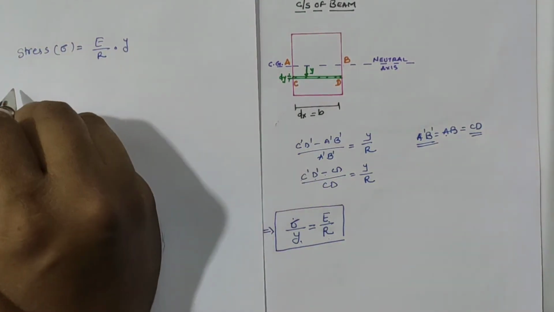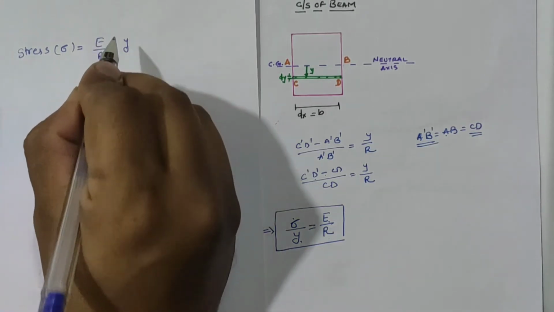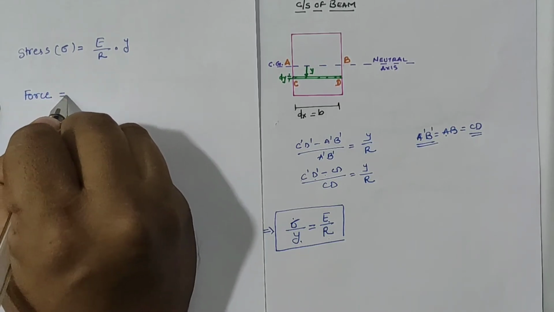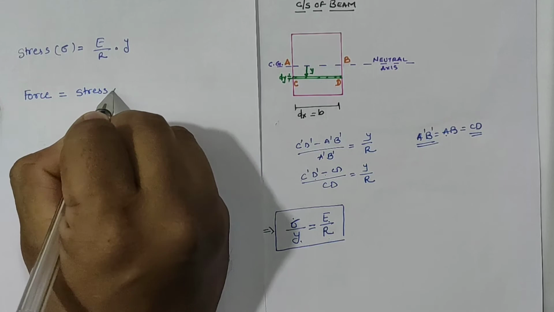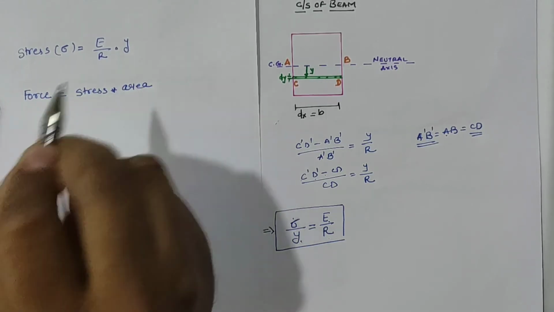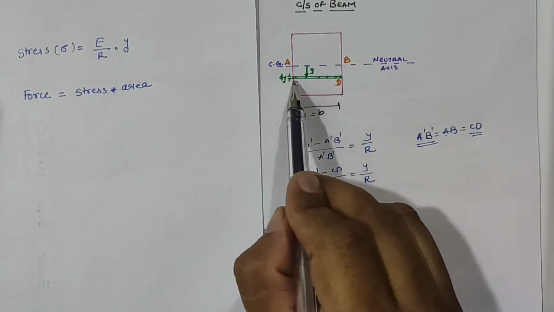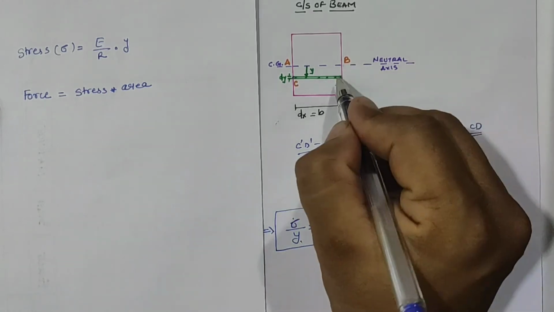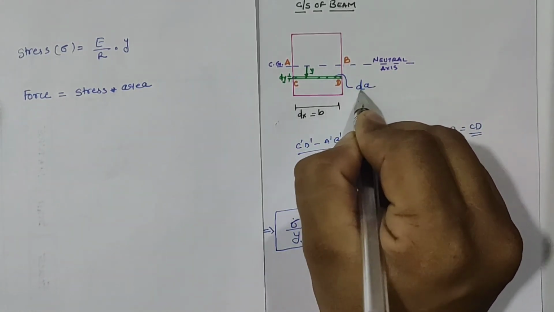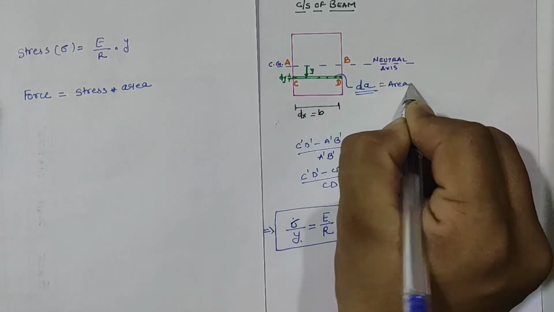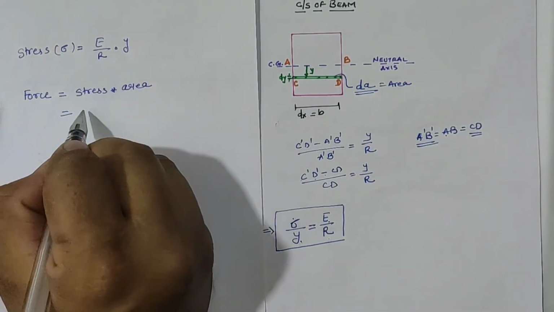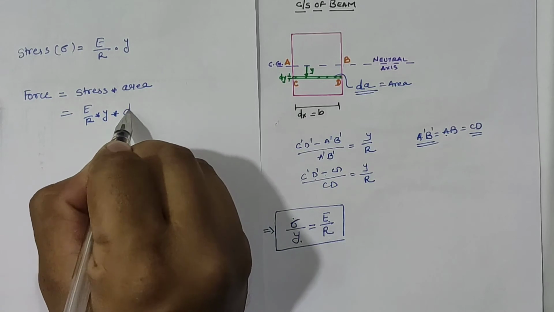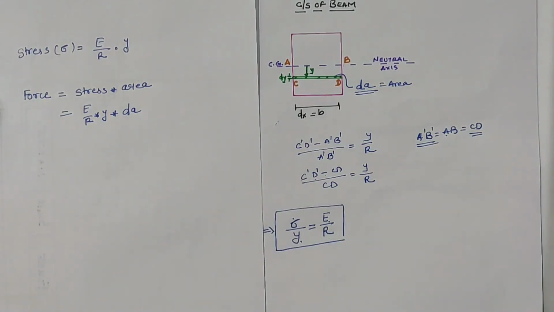Now we know that force is equal to stress into area, hence our value for force can be written as stress into cross sectional area, and we have taken a very small part, hence the cross section of this area as dA at the neutral layer. So let us assume the area as a small dA part. So let us put the value dA in the equation, hence stress as E by R into y and area as small dA for the smaller lamina.